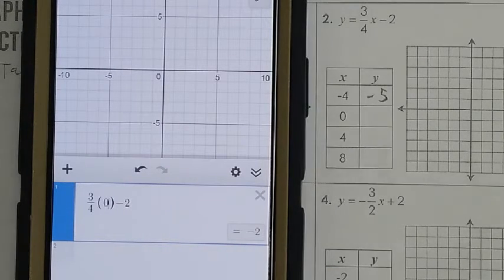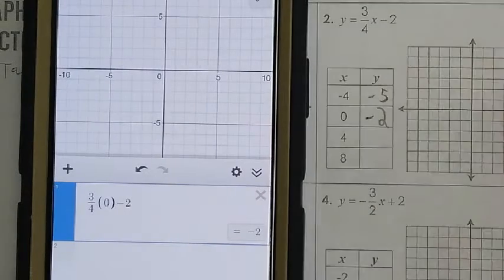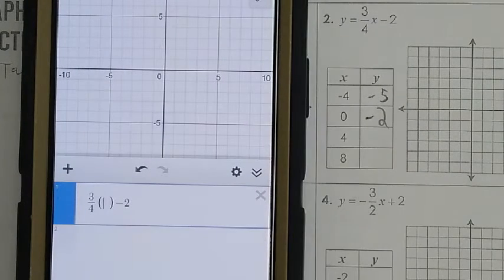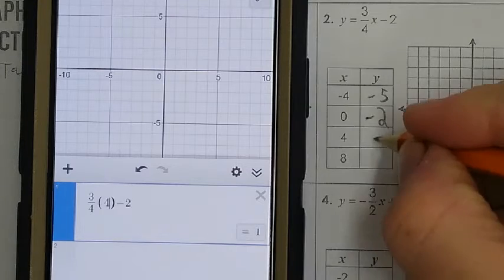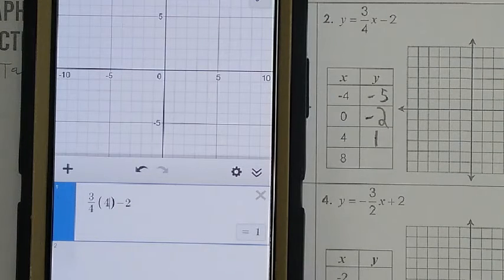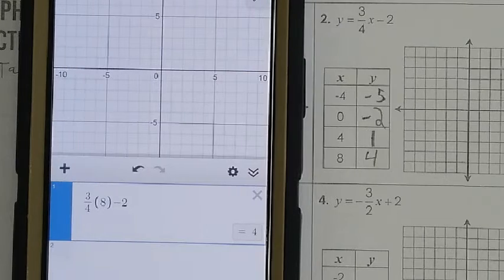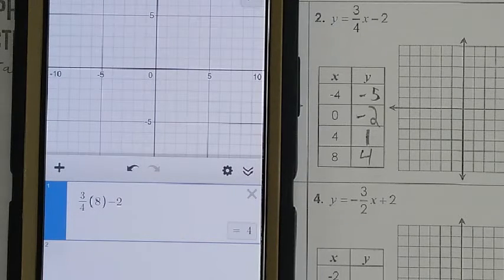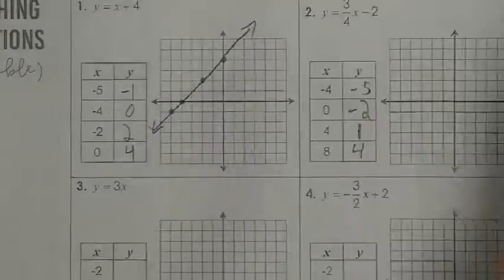We'll make it -2. Then delete that, put in 4, that makes it 1. Delete that, put in 8, that makes it 4. So with Desmos, it's really easy to use the same equation over and over again because you just retype it. Just change that one thing. Does that make sense? Pretty easy?